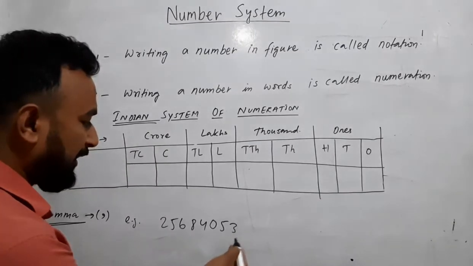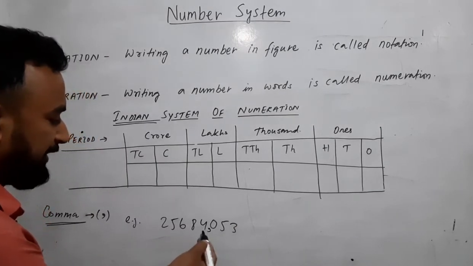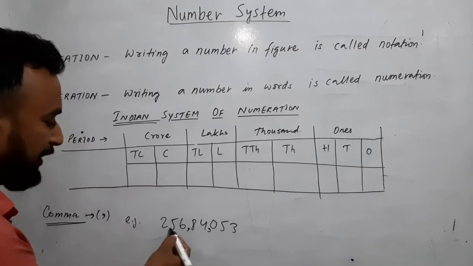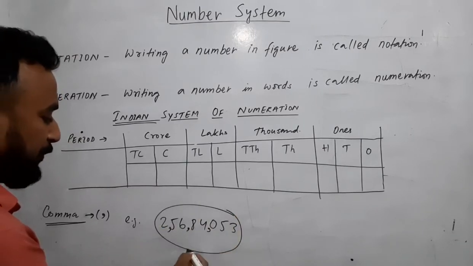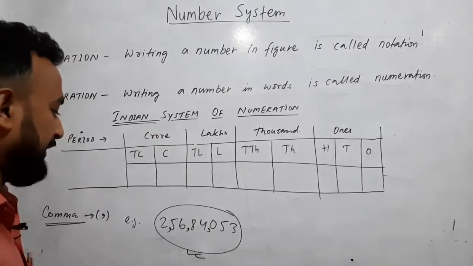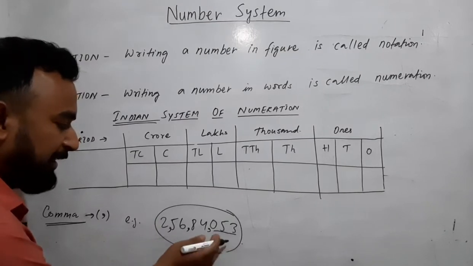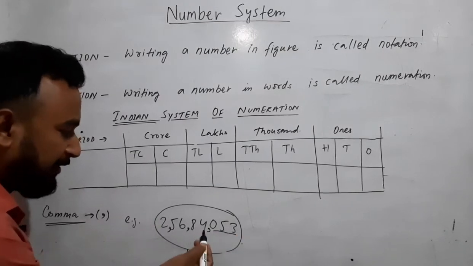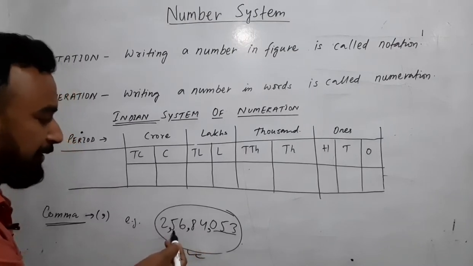Count from the right side: 1, 2, 3 digits. Put the comma after 3 digits, then repeat it after every 2 digits. First put the comma after 3 digits from the right side, then repeat it after 2 digits.